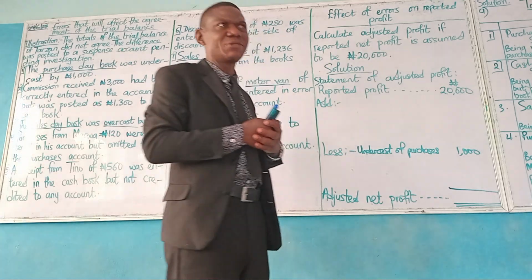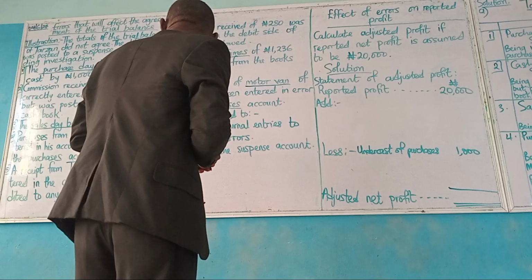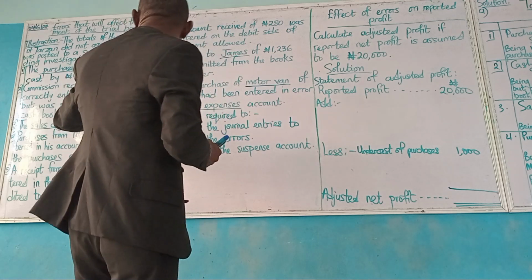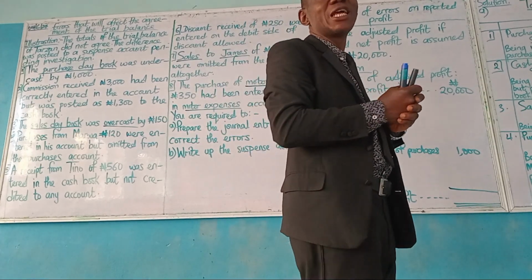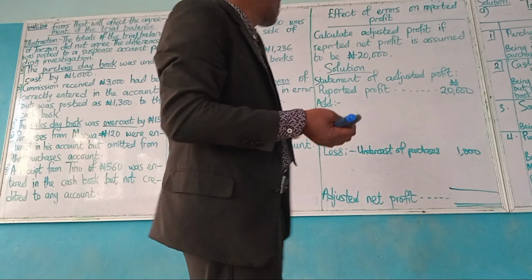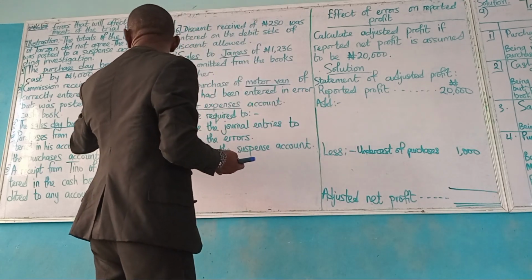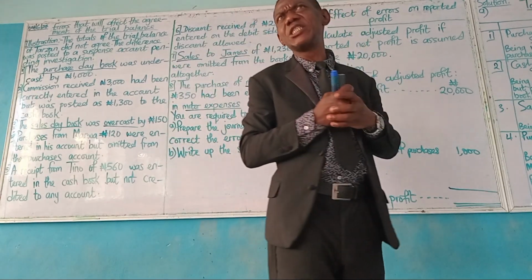Now let's think about this sales figure. The sales total was overcast. The sales figure reported was too much by 150. Which means we have to reduce the sales figure.